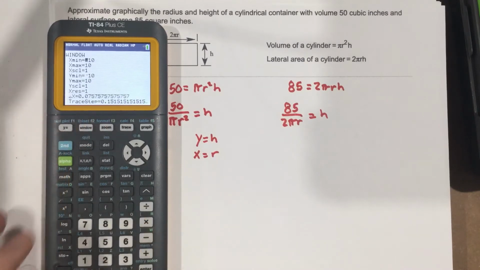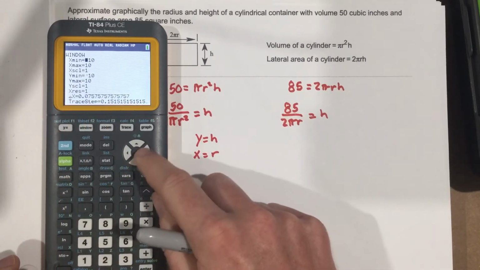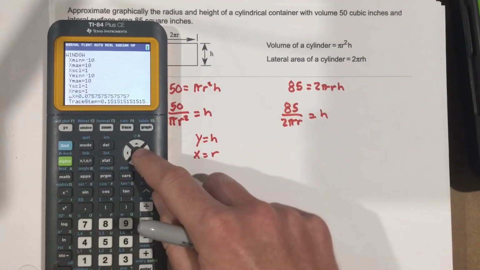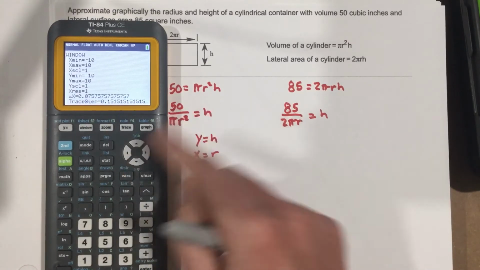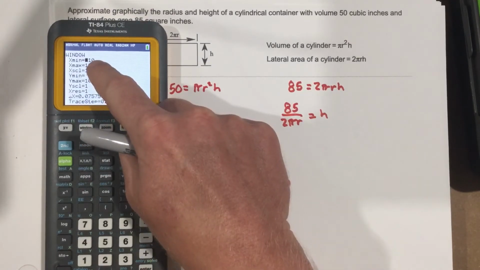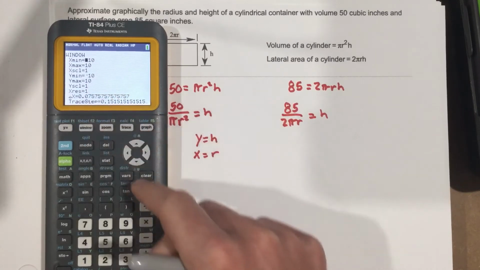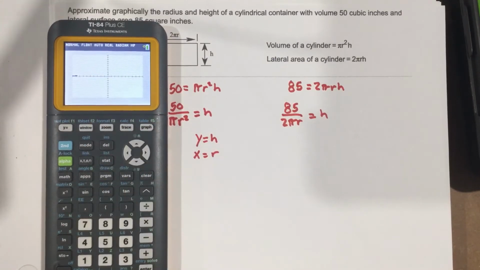Now let's make sure our window's set okay. Looks like our window's set at -10, 10, 1, -10. I always like to start from -10 to 10, going by ones for each, and see where this graph takes us.